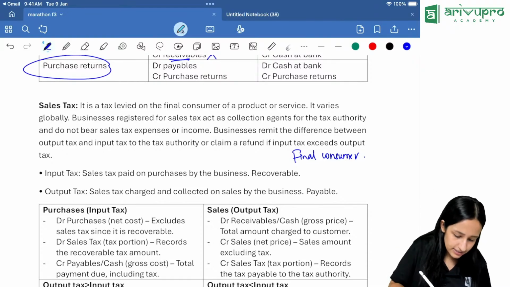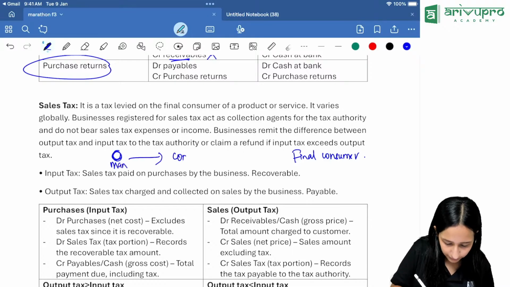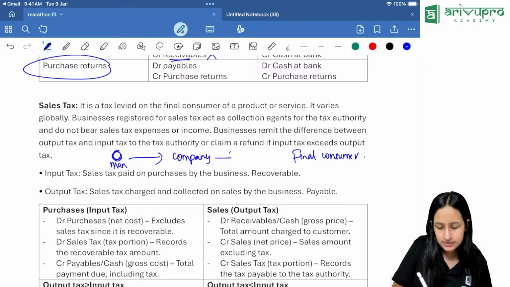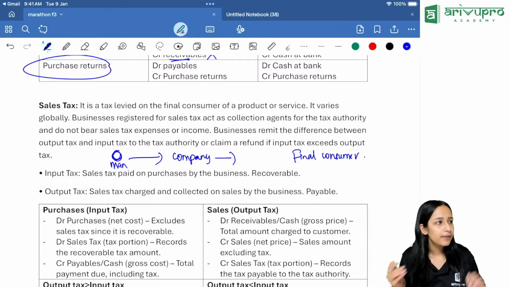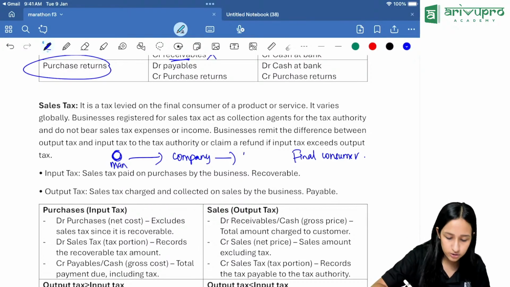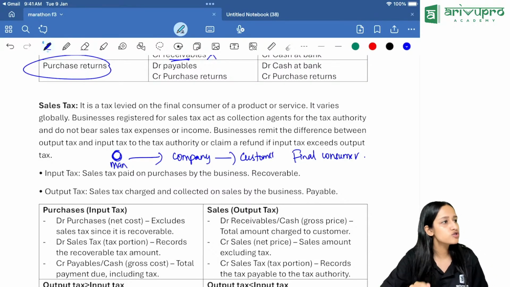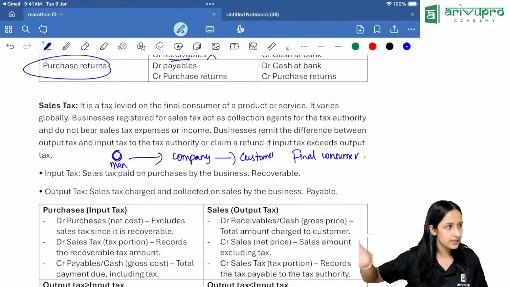Say a manufacturer sells ice cream to a company. The company will not sit and eat the ice cream; they will buy it to sell to customers. So the company is not the final consumer of the product, and that's why it's not the one who has to pay the sales tax.